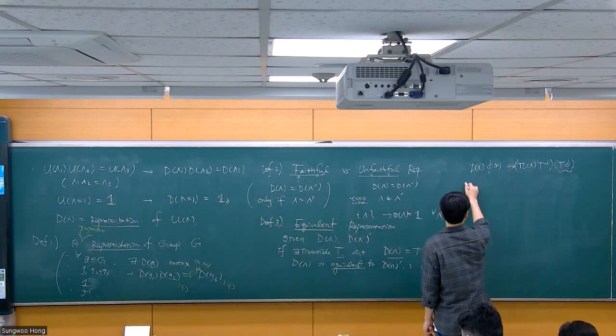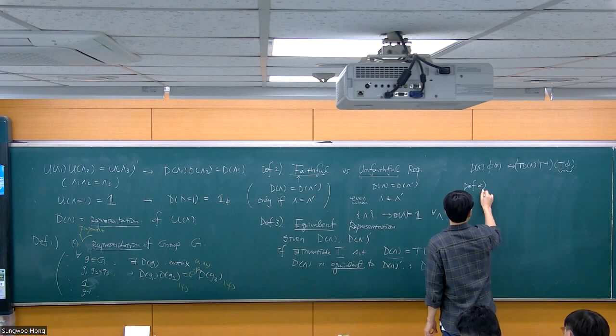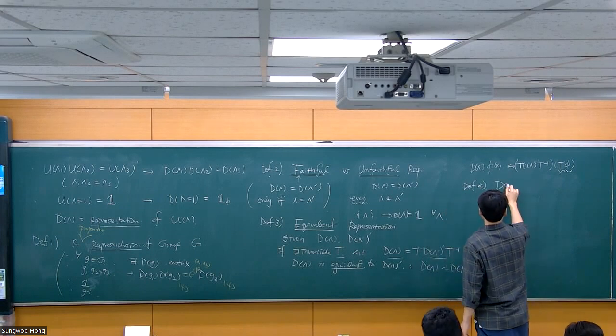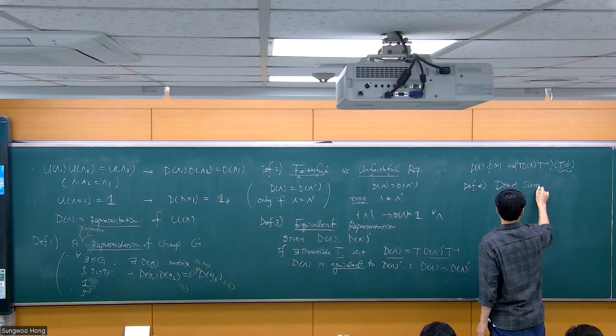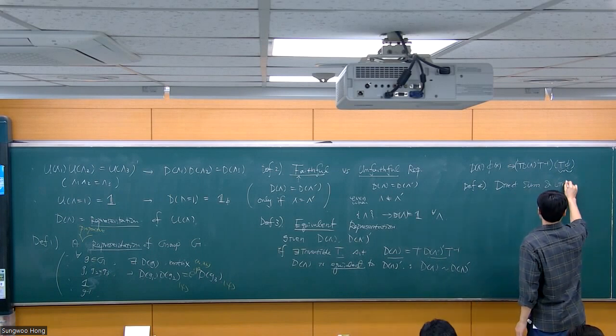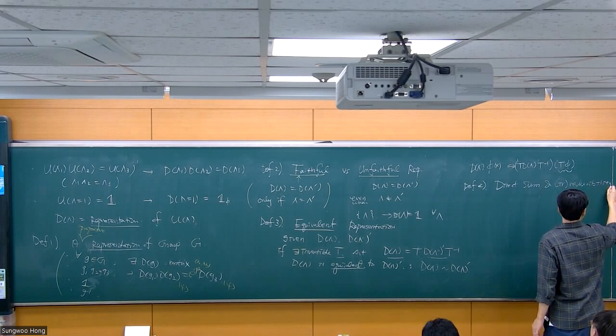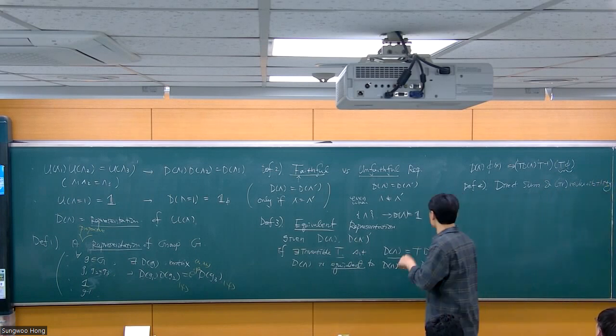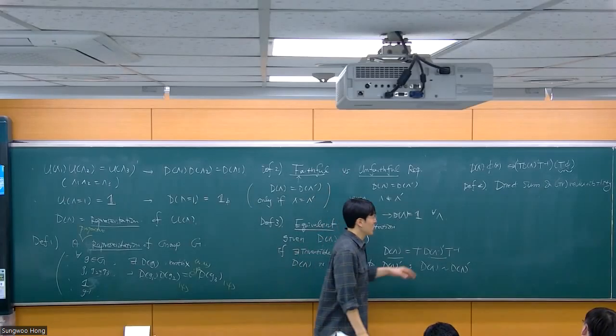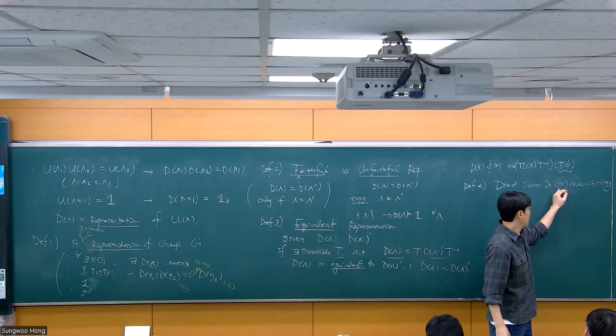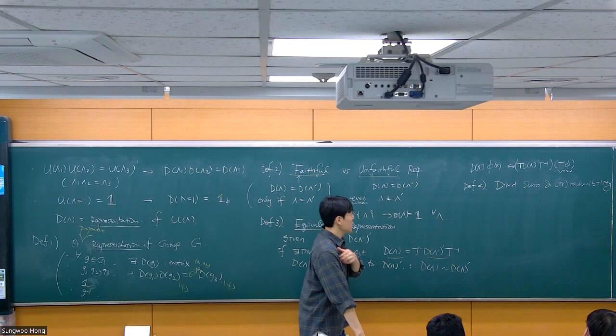Okay, yet another notion, definition. So there's this notion of a direct sum and the associated reducibility or irreducibility. So what do I mean by that?